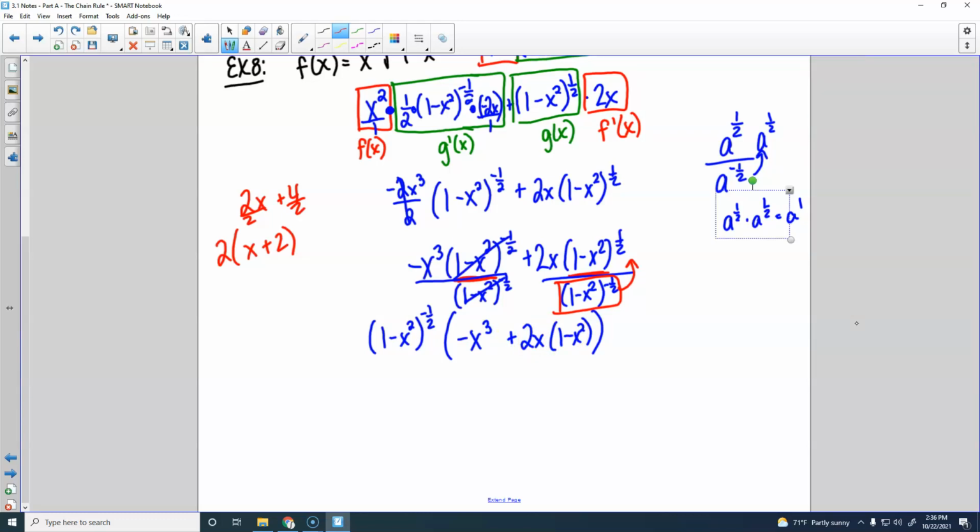This part's confusing. We're going to do a few more. If we don't get to them today, we'll do them on Tuesday. But so we'll distribute here. Now this stuff, I'm going to send it back down to the denominator.